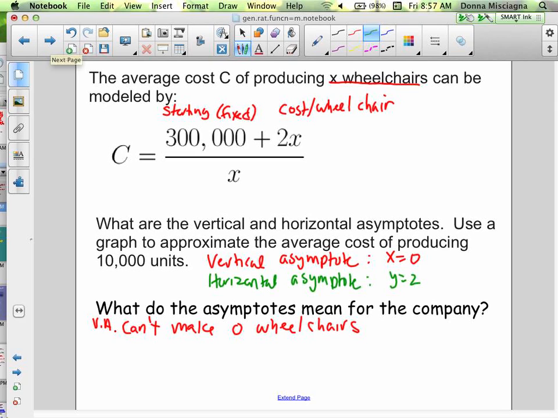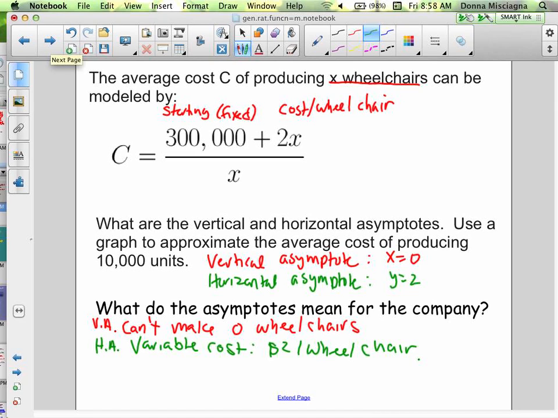It's a hint on the board. What's the 2 mean? Cost per wheelchair, right? So horizontal asymptote, our variable cost, $2 per wheelchair. All right, so we'll graph that on the next page.